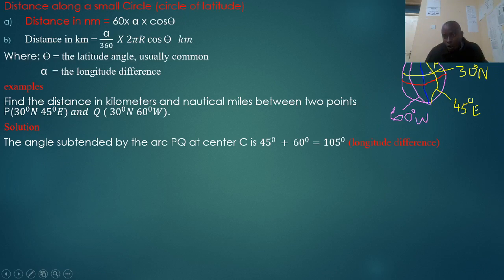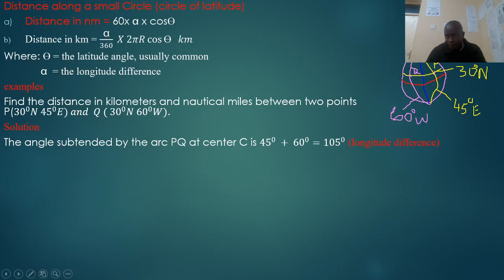And therefore, remember, I'm talking about 30 degrees north and 60 degrees west. So this becomes my point Q. My point Q is there. So you have my point Q and my point P. PQ. So these are the 2 points I'm dealing with.